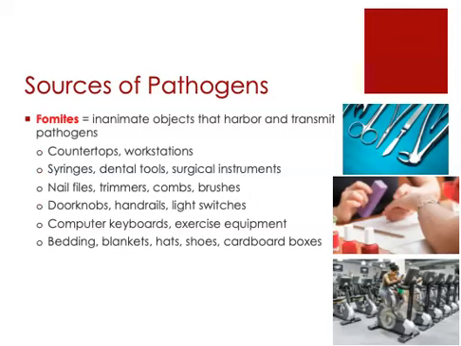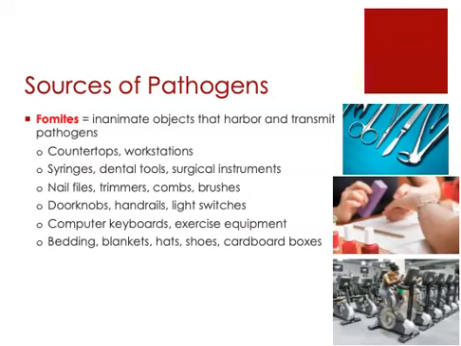Fomites are yet another source of pathogens, and all a fomite is, is an inanimate object that can harbor and transmit pathogens. So these are non-living things. These are things like surfaces, countertops, and workstations, syringes, dental tools, surgical instruments, nail files, nail trimmers, combs, and brushes, speaking of lice, doorknobs and handrails and light switches, computer keyboards, exercise equipment, even things like bedding and blankets and cardboard boxes.